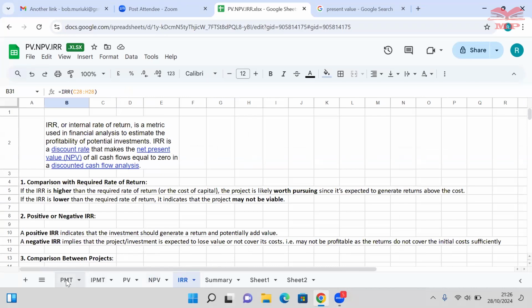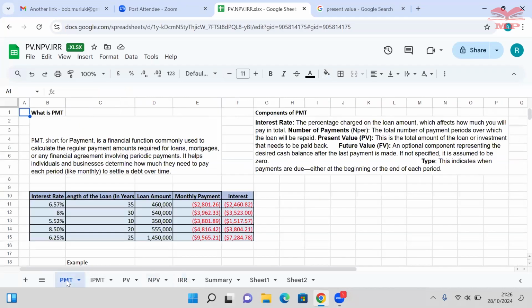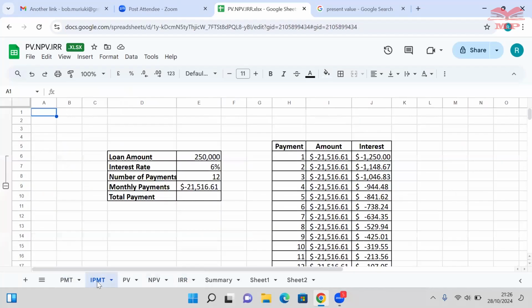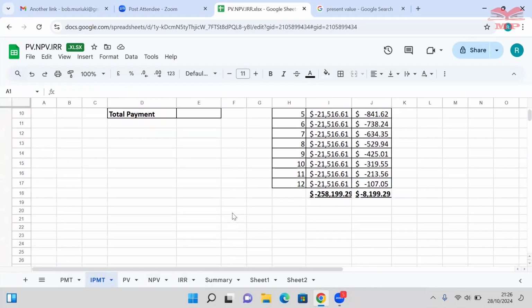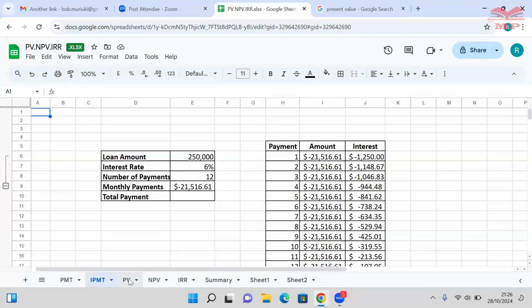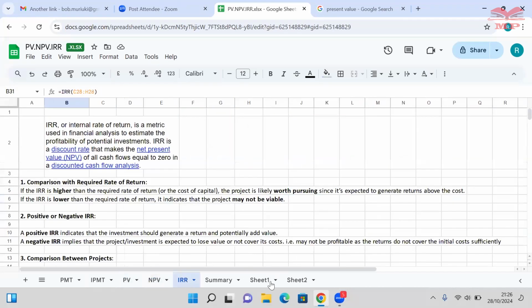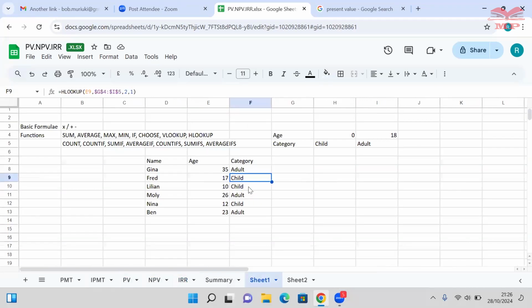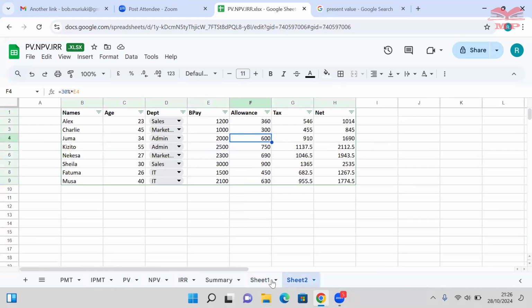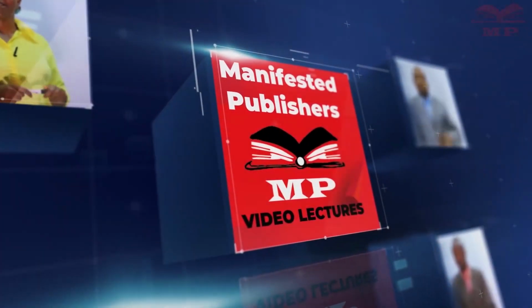Otherwise, we started off by looking at this PMT and we did IPMT, and I think you have copies of this worksheet. And today we have talked about PV, NPV, and IRR, as well as doing some summaries of things we have done before.